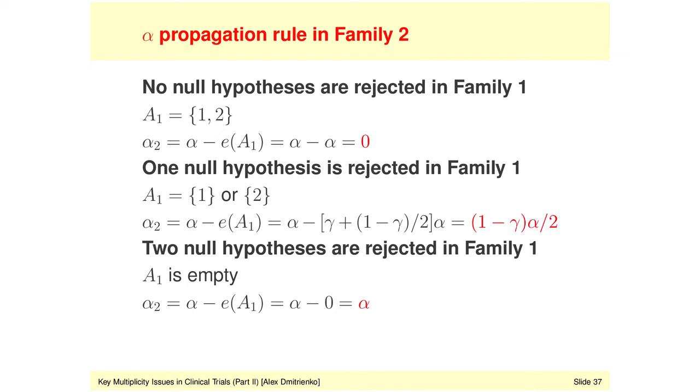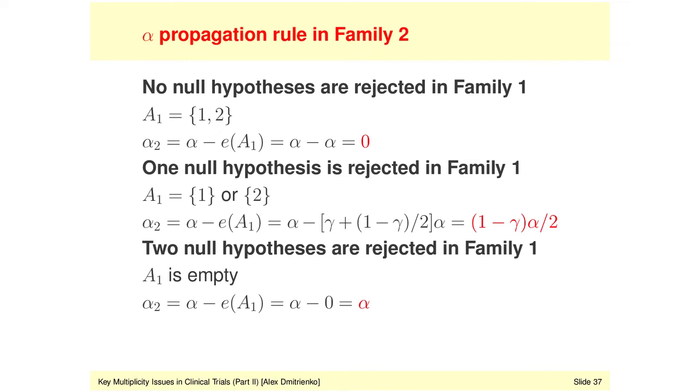In this very first setting, when both hypotheses are accepted, the index set includes the indices 1 and 2, and applying the same formula that we used in Module C, we can easily show that no alpha will be available for testing the hypotheses in the secondary family, because the local alpha level used in family 2, denoted by alpha 2 in this case, is simply equal to 0. That is to be expected, because if we fail to reject any null hypothesis in the primary family, of course the secondary hypotheses are no longer meaningful.